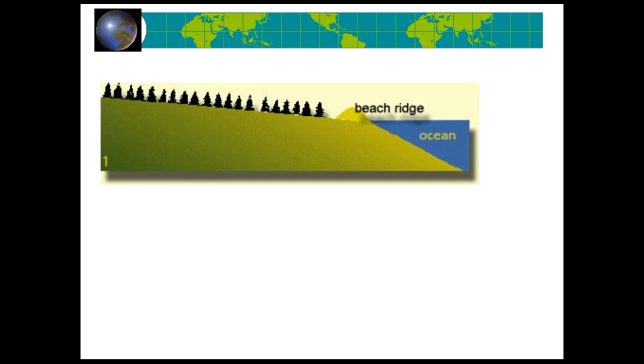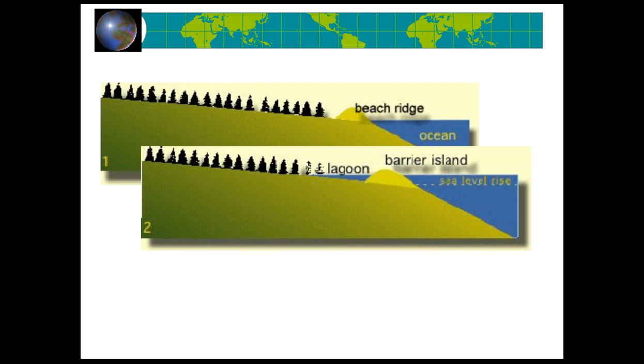In stage 1, approximately 15,000 years ago, when the sea level was 85 meters below the present, beach ridges developed along the former shoreline, which was much further out along the continental shelf. In stage 2, rising sea level at the end of the Pleistocene resulted in the breaching of the beach ridge and flooding of the region behind it. The beach ridge becomes a barrier island backed by a bay or lagoon.